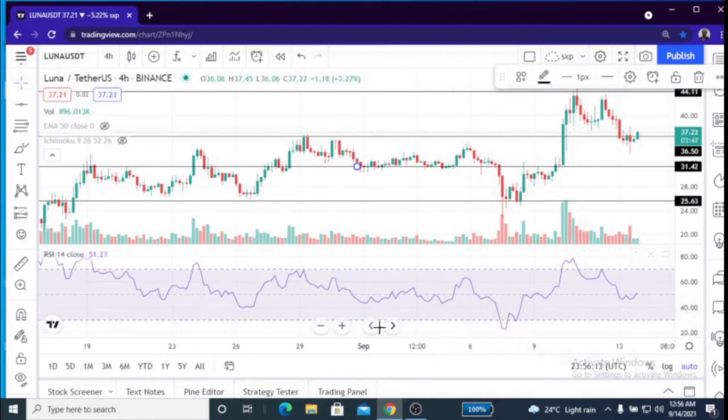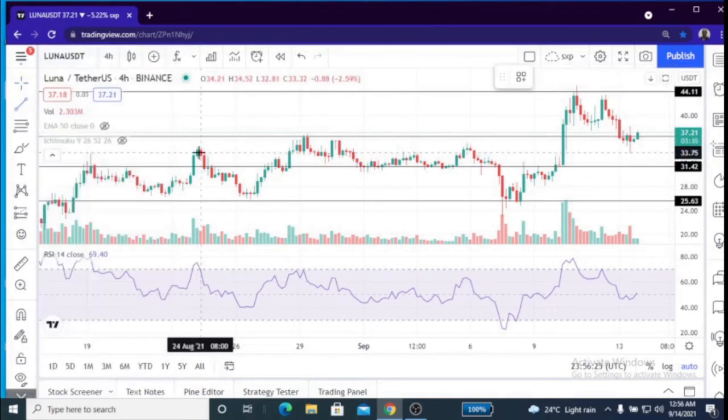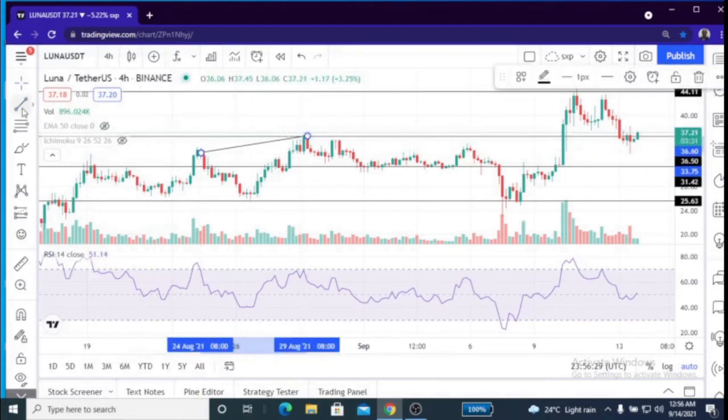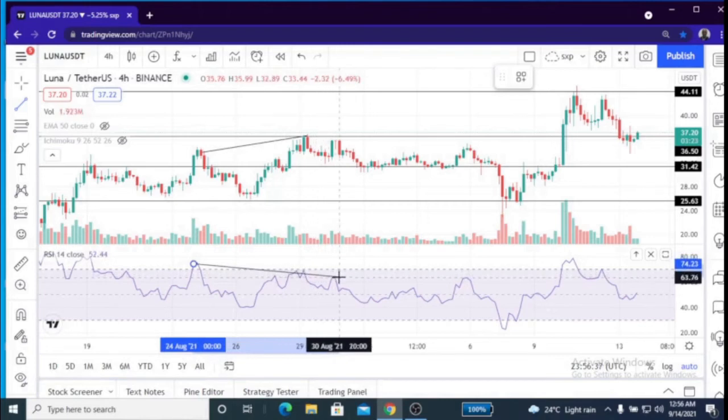And now we can see that while price was going up, the strength of the index was coming down. You can see it right here, that while price was going up, the strength of the momentum in the market was coming down, which means that weakness is in this market.